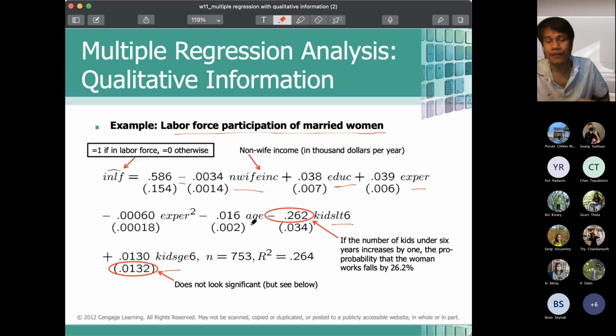However, for age, if age increased by 1 year, it decreased the probability to join the labor force by around 1.6%.